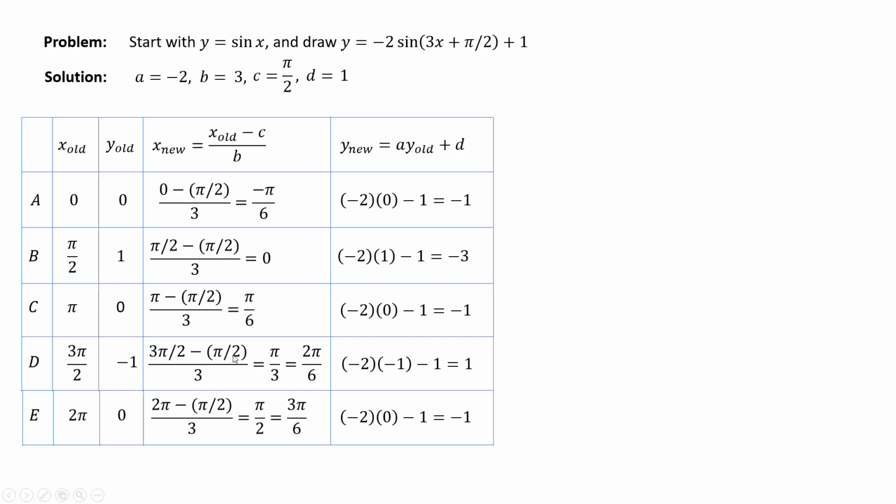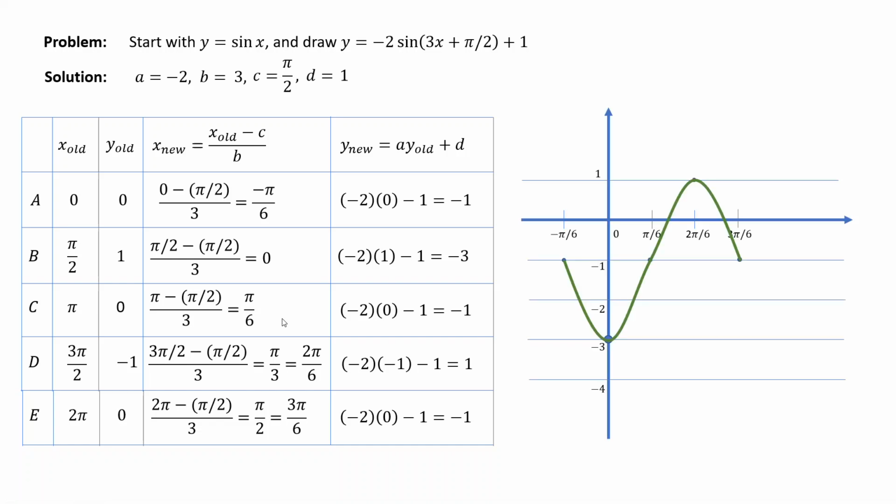The reason we do this is now we can figure out that every horizontal grid line must be pi/6 apart. What? Every horizontal grid line should be pi/6 apart. Let me show you that. Check this out.